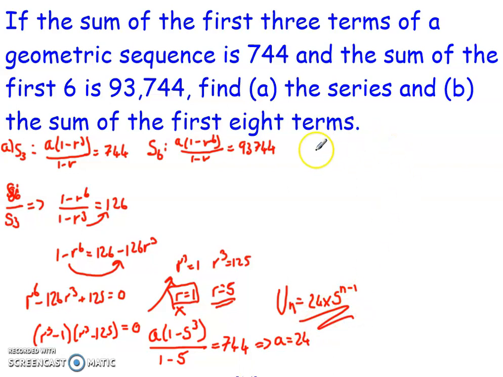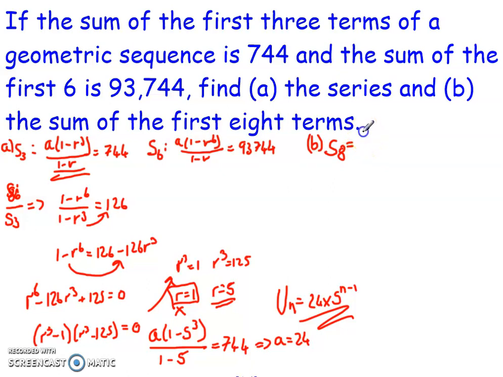The second thing I want to do now is find the sum of the first 8 terms. So what I want to do is find S8. Well, we're going to use the same formula as we would have here, a(1 - r^n)/(1 - r). So in this case we know what the a and r are, so we just substitute them in, job done.